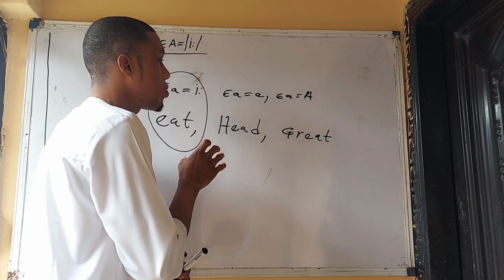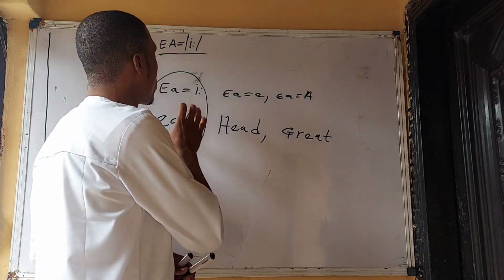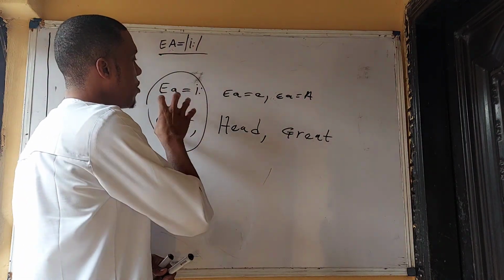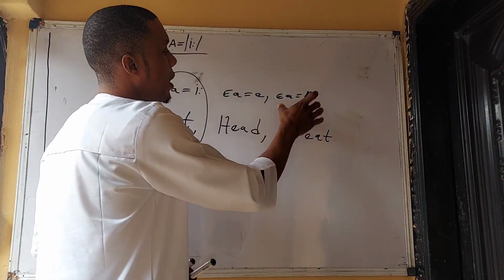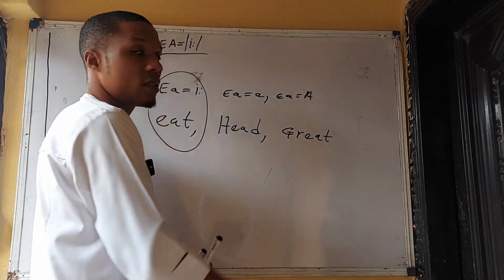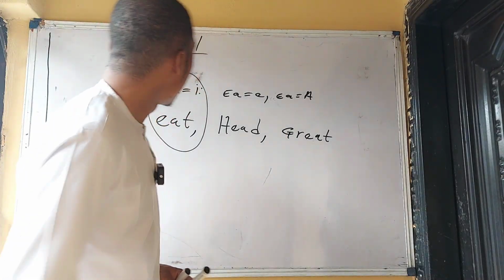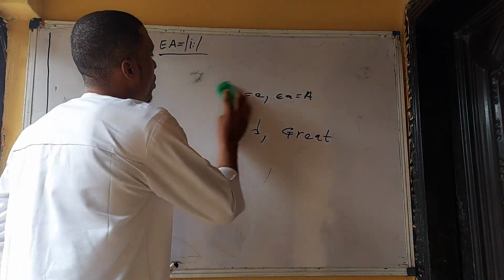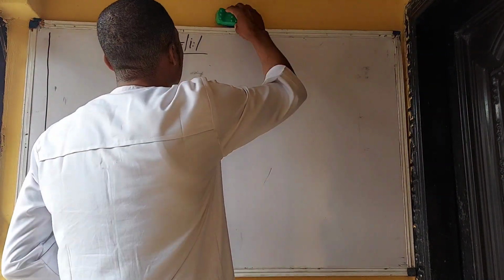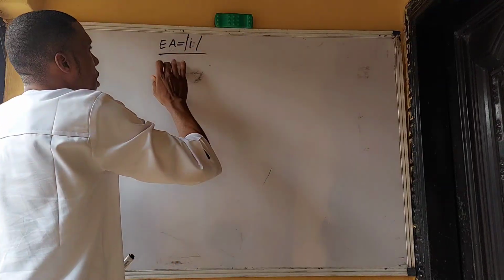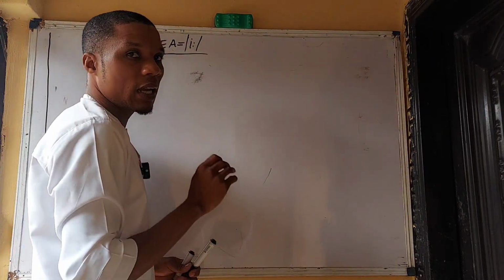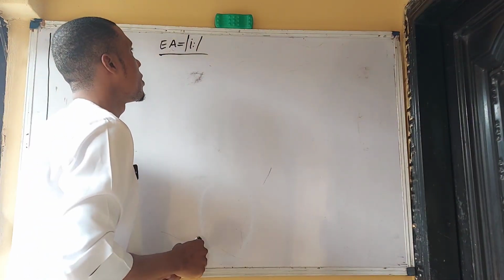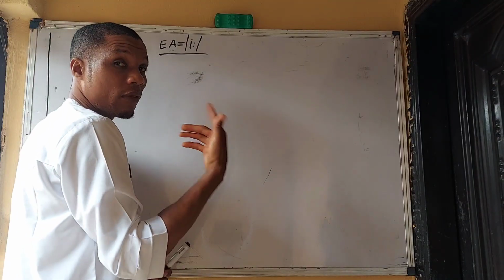I want you to stay tuned to the end of the video, so that if there's still time, we'll be able to talk about EA taking air sound and EA taking A sound. Is that understood? So without wasting much time, since we have known now that EA is taking E sound, as in the long E, we have the short E. I've already explained it.